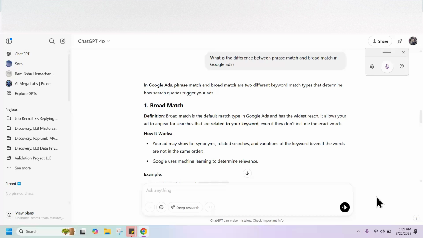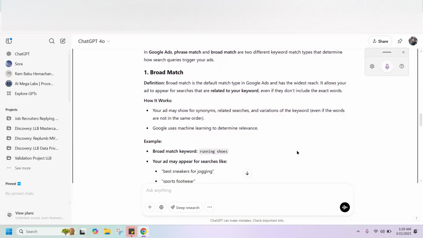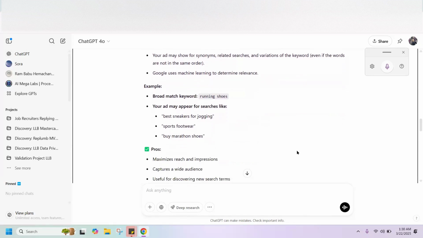I see, I see, I see. And also it will show when you type how to make running shoe.